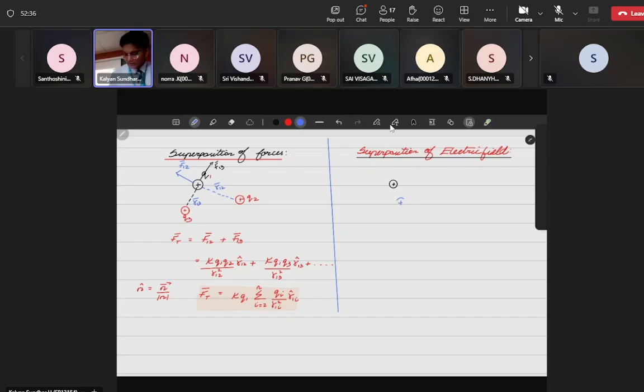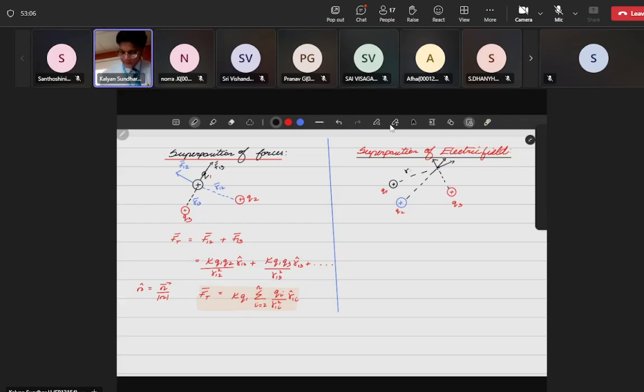Now, here is a positive charge. There are three different charges, Q1, Q2, and Q3, and you are asked to find out the electric field at this point. Correct?